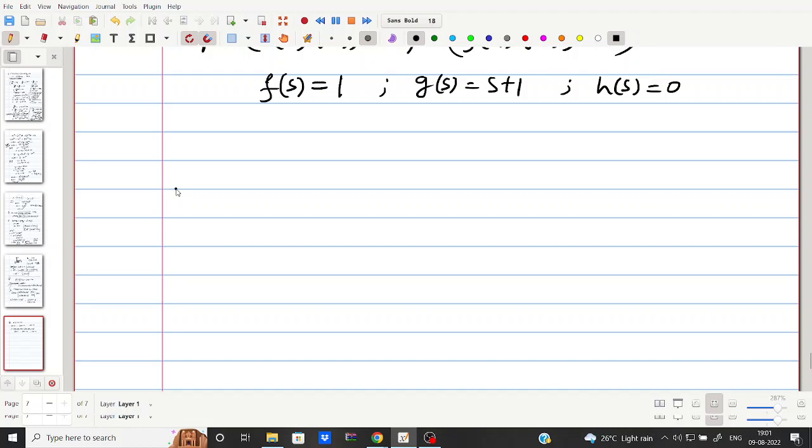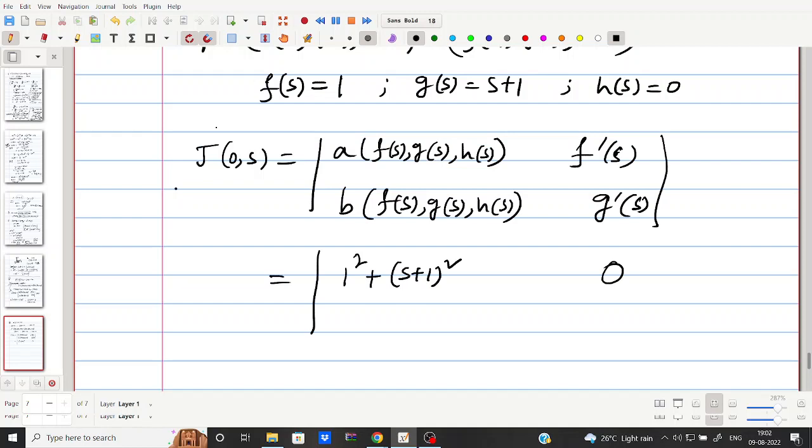So what is A? A is my x square plus y square. So A at (f, g, h) is f square plus g square, that means 1 square plus (s plus 1) whole square. What is f dash s? f dash s is 0 because derivative of 1 is 0. What is b? B is y, y means g(s). This is s plus 1. And what is g dash s? g dash s is 1. Understand this line?